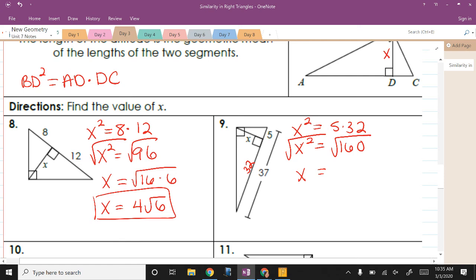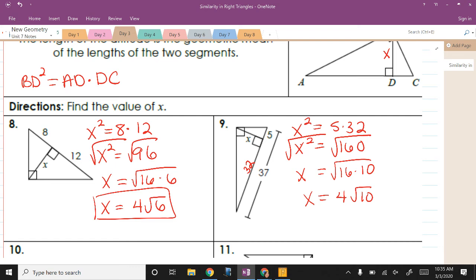So x is going to equal, well, 16 goes into it. 16 times 10, right? Square root of 16 times 10. What's the square root of 16? 4. So 4 radical 10. So you split the hypotenuse with the altitude and multiply those and set it equal to altitude squared.